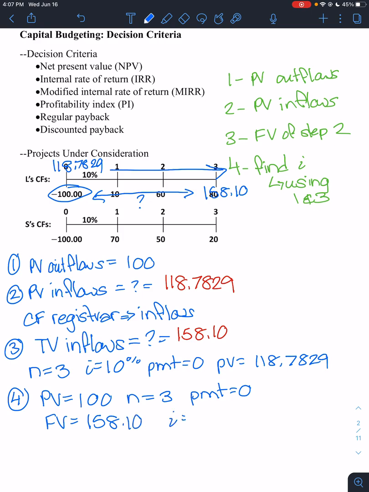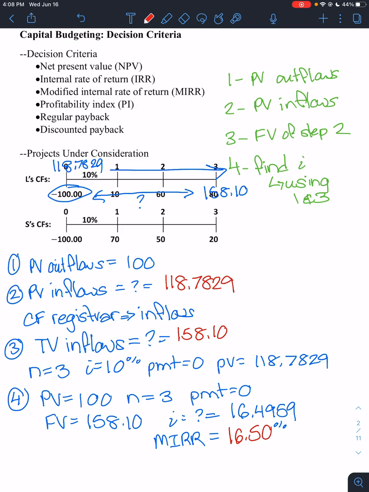And so all I'm going to do is look for I. 0 payment, 3 N, compute I, I get 16.4959. We'll call it 16.5. That is my MIRR. I guess I should have put it in red because all the other answers are in red. Done. Not too bad, right?